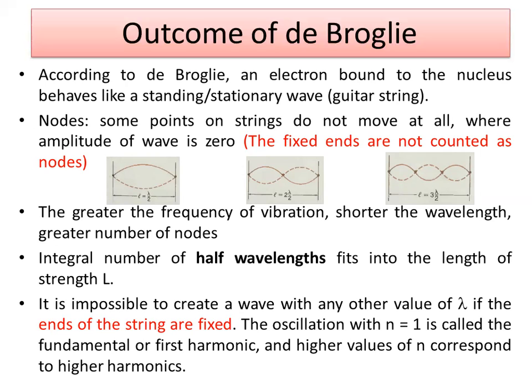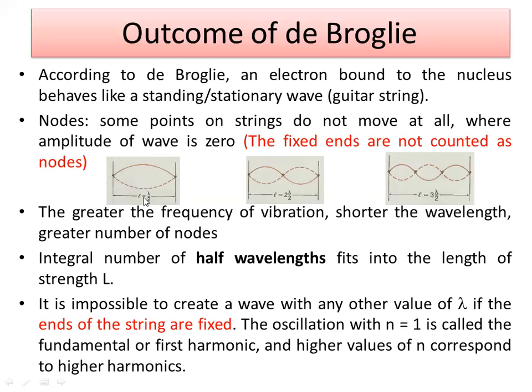It should be a wavelength, a half wavelength or its integral number, and the oscillation with, again the other restriction is written over here, the oscillation with n equal to 1, it is called the fundamental, first harmonic.